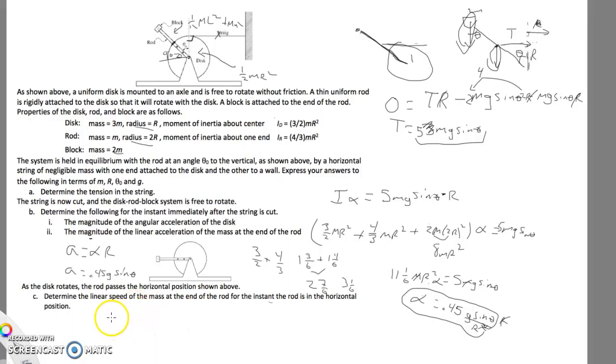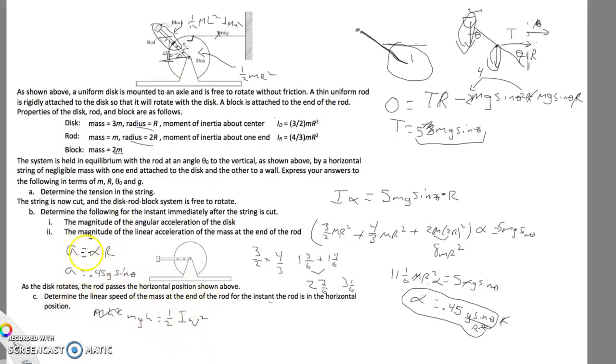You could look at conservation of energy, so mgh equals 1/2 I omega squared, where h is whatever the location of the center of mass is for this system. We would find that change in height to get to that horizontal position, and you'd use that for h here and solve for omega.